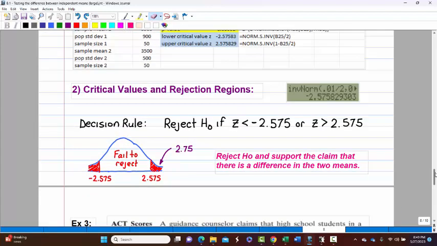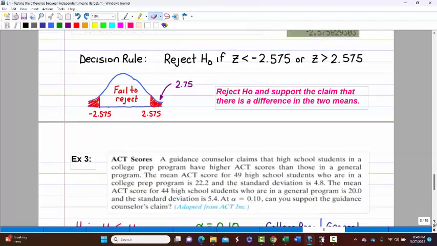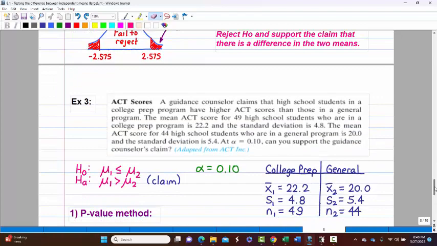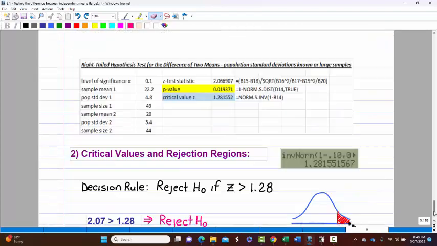That's going to be greater than 2.575, so it falls in the shaded rejection region. There's two regions, but it falls in the right one, and either one of them will be reject. So we reject the H0 and we support the claim. There's a difference in the two means. Beautiful. We'll do one more of these, and then we'll go to the homework.